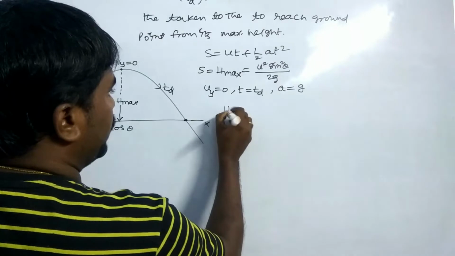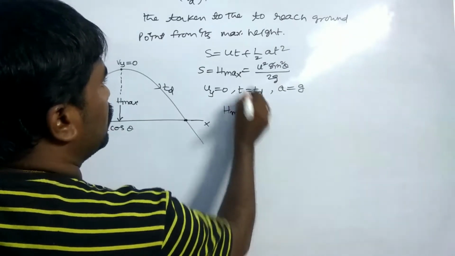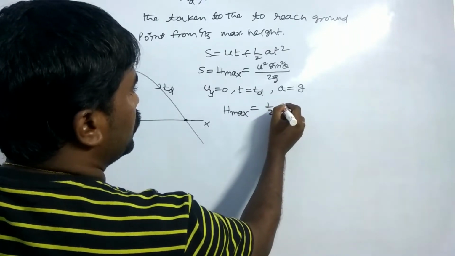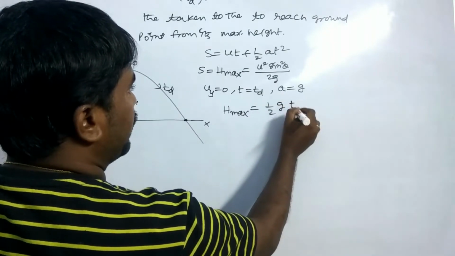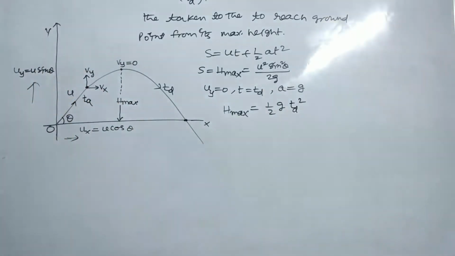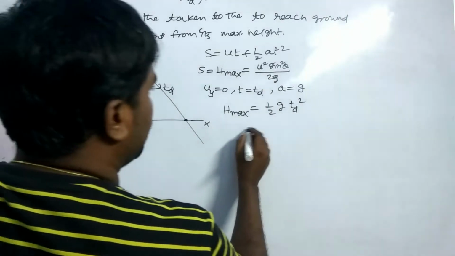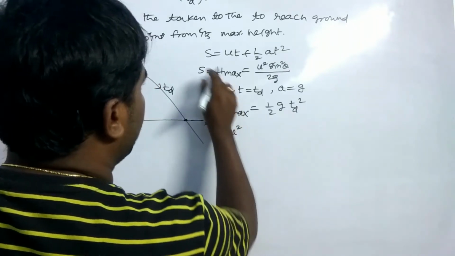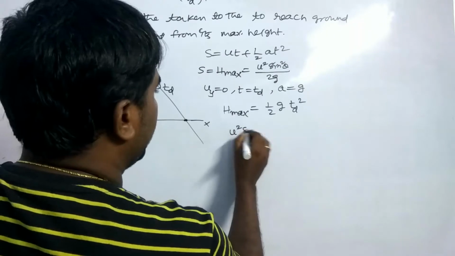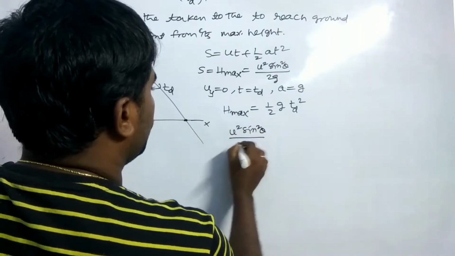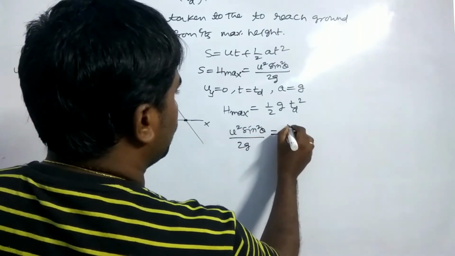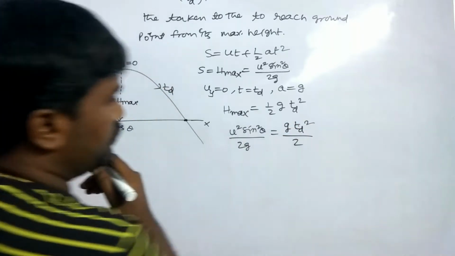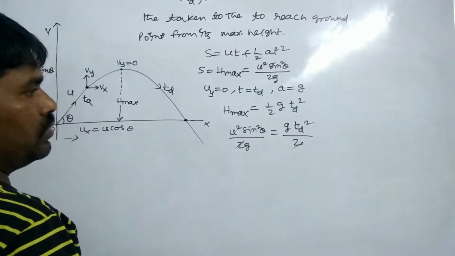From s is equal to h maximum is equal to u into t, 0 into t is equal to 0, plus 1 by 2 g TD square, where TD is the time of descent. So h maximum is equal to u square sin square theta by 2g is equal to g TD square by 2. This 2 and 2 will be cancelled out.